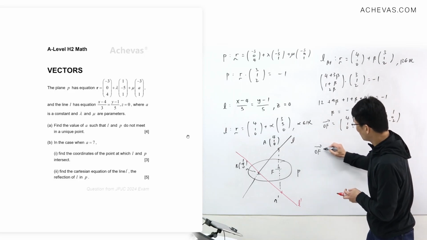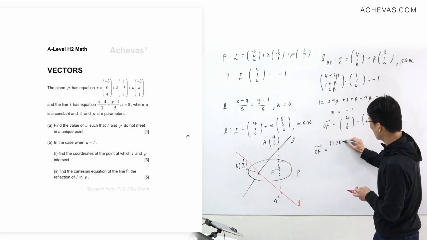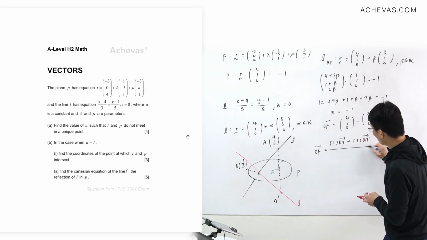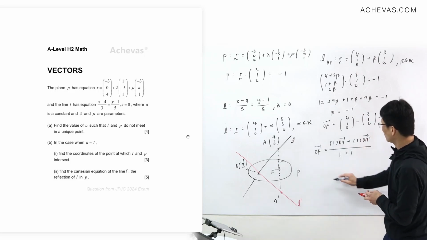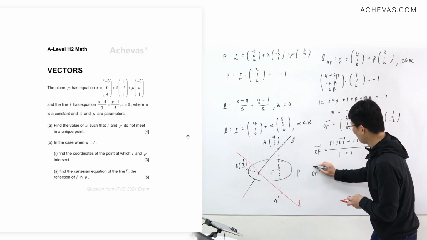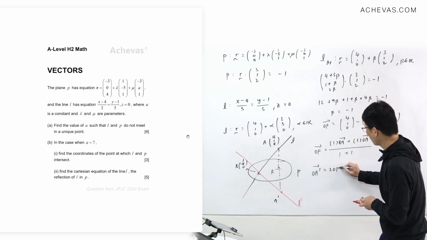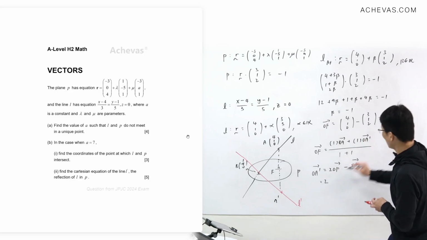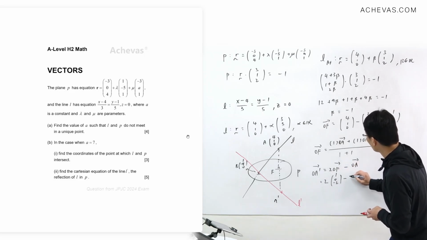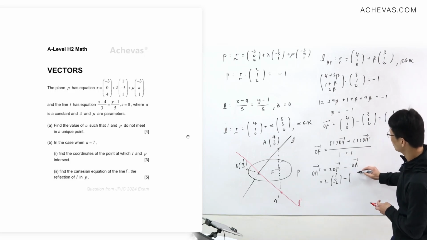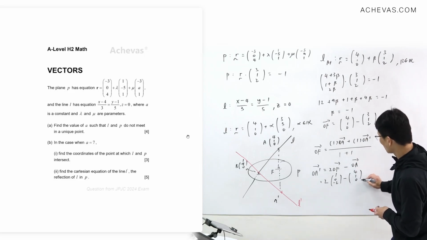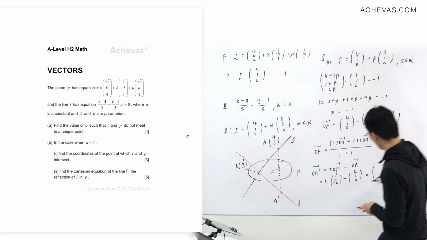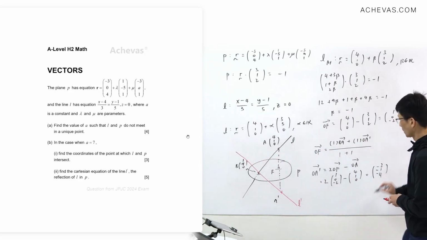So OF will just be 1 times OA plus 1 times OA prime over 1 plus 1. Doing a bit of arrangement, OA prime will just be equal to twice OF minus OA. So I'll sub OF with (1, 0, minus 2), and OA will just be equal to (4, 1, 0). Solving it, I will get my OA prime to be (minus 2, minus 1, minus 4).